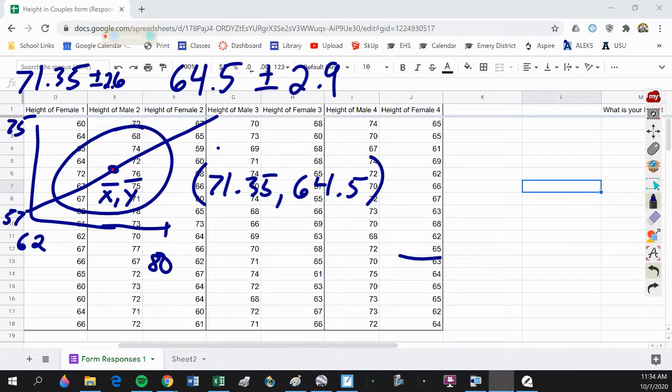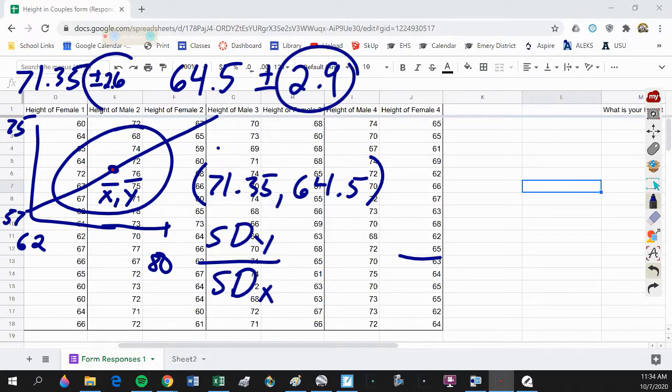So, the line I have drawn is called the SD line. The slope of the SD line is the SDY divided by the SDX. So what is 2.9 divided by 2.6? What does that mean? That's the slope.